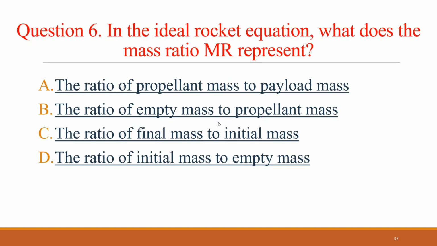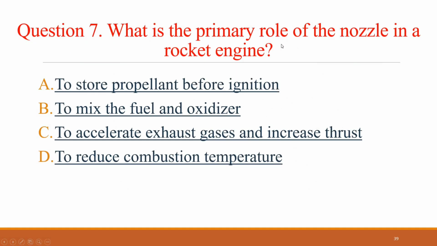The correct answer is the ratio of empty mass to propellant mass. Question 7. What is the primary role of the nozzle in a rocket engine? The correct answer is to accelerate exhaust gases and increase thrust.